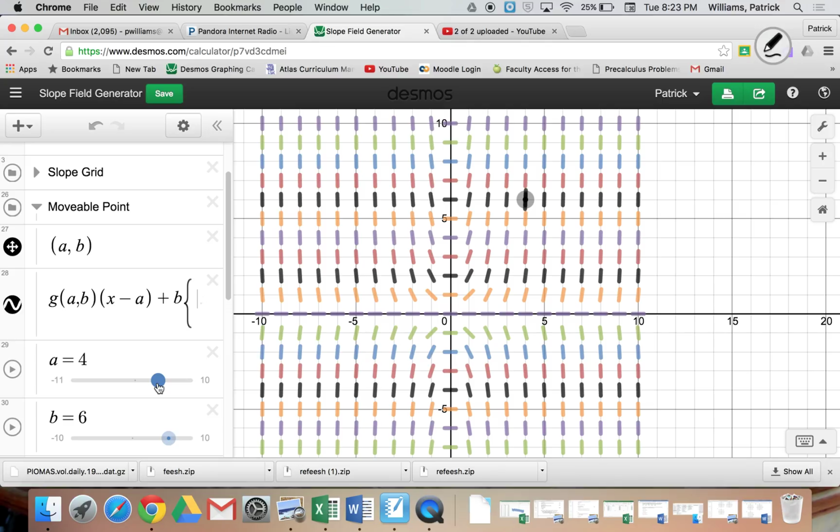How would we be able to visualize what this function looks like using the slope field? Well, when we're at this point, it's saying we have a super steep positive slope, okay? So a super steep positive slope looks something like that. Now, as we go to the left, we get still super steep positive slopes, but notice as we move down in here, the slopes get less and less.